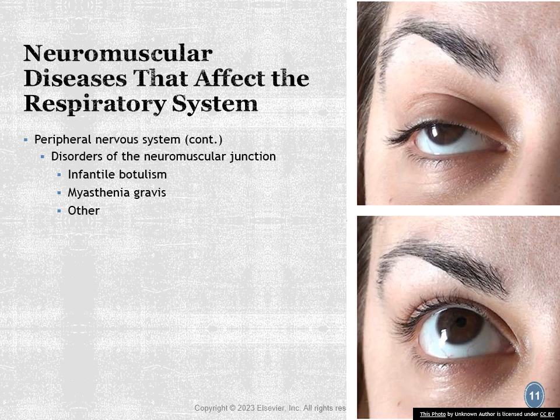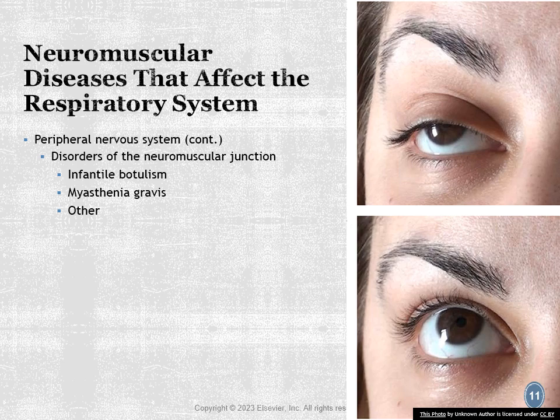The clinical spectrum of infantile botulism ranges from those that have no symptoms and are just a carrier to severe with progressive life-threatening paralysis or even sudden death.